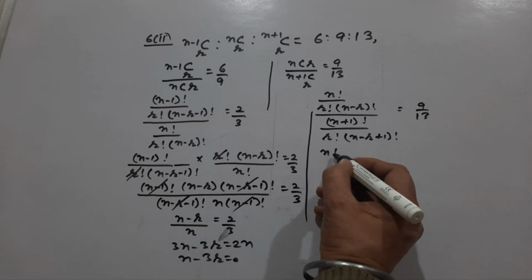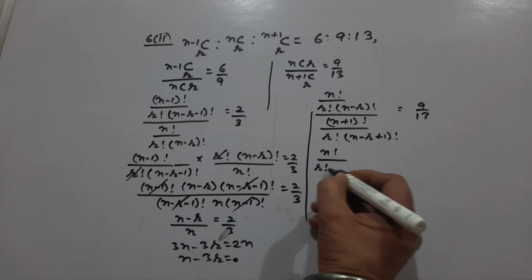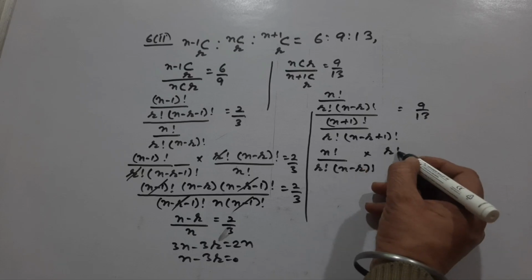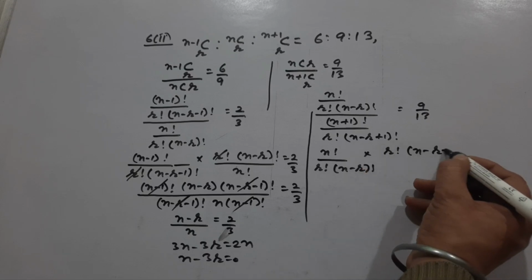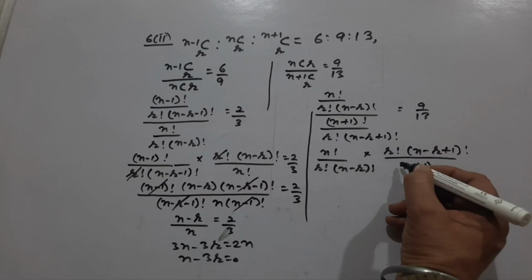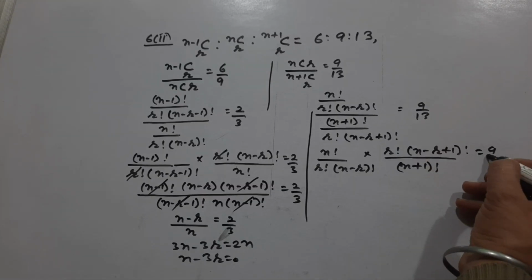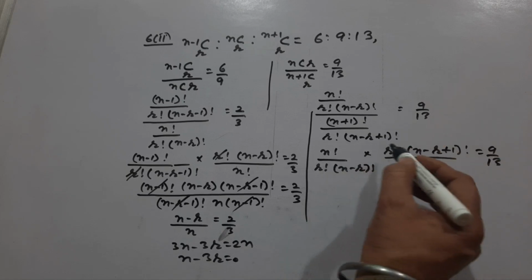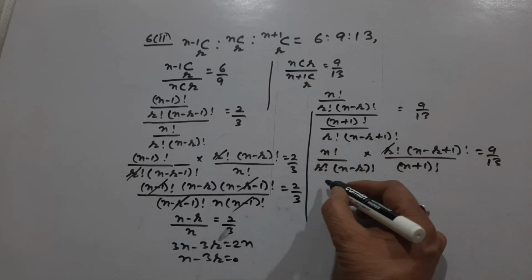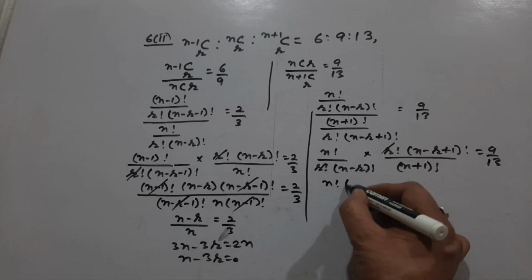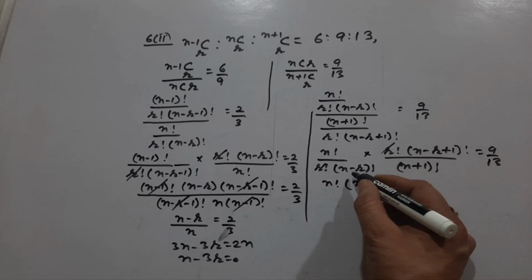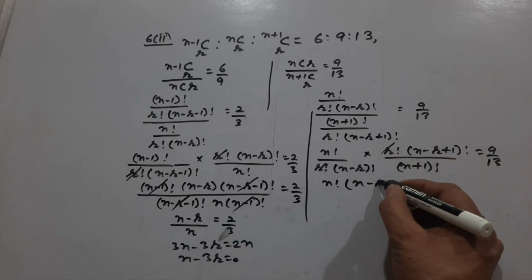Now simplifying it, n factorial r factorial n minus r plus 1 factorial upon r factorial n minus r factorial n plus 1 factorial equals to 9 by 13. Cancel r with r. Now here we have n plus 1 and here we have n, and here we have n minus r plus 1 and n minus r. So n minus r plus 1 is greater.